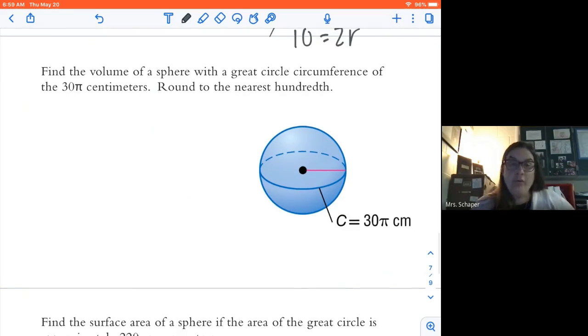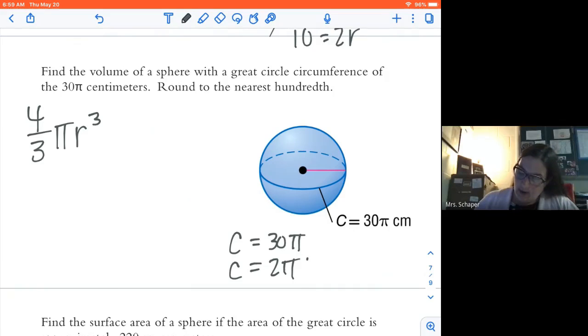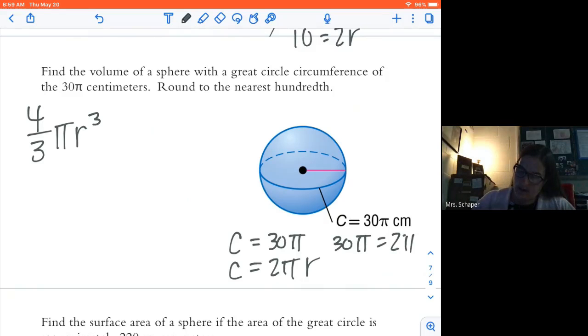Find the volume of a sphere with a great circle circumference of 30 pi centimeters. The volume is going to be 4/3 pi r cubed, so I need to know the radius. The circumference is equal to 2 pi r, so 30 pi is equal to 2 pi r.